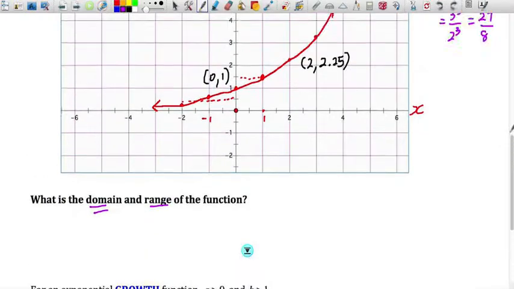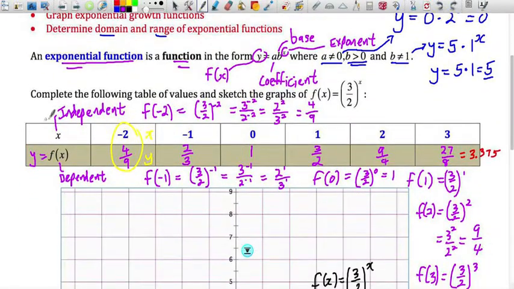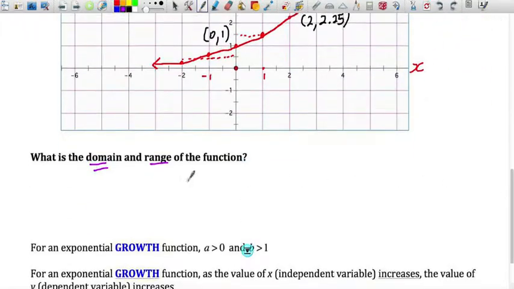As I mentioned above, x represents the independent variable, and when we talk about domain, we are talking about the values of the independent variable. When we talk about range, we are talking about the values of the dependent variable.